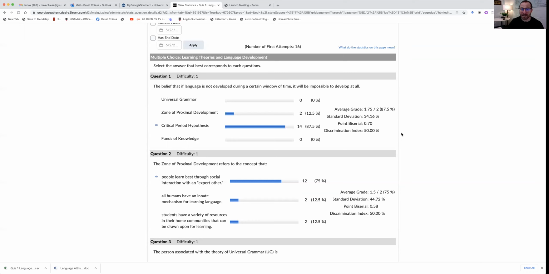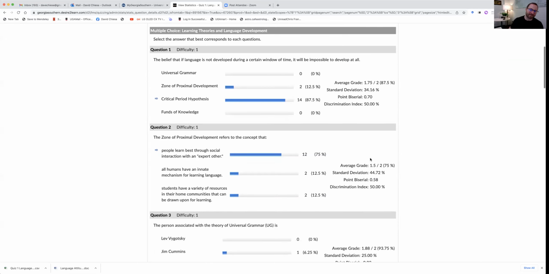Now remember, Vygotsky, way back in the day, was not looking at language learning when he was talking about ZPD. He actually was talking about how children interact with each other. Okay, but again, social interaction is important, but it's what happens in interaction that's even more important.